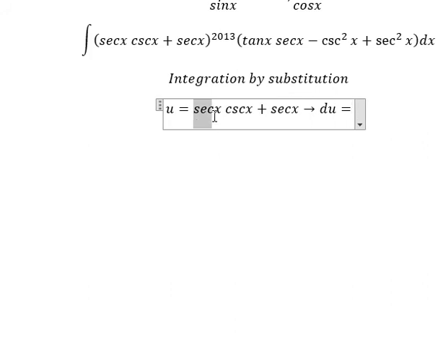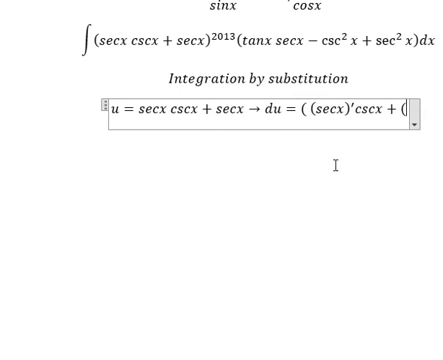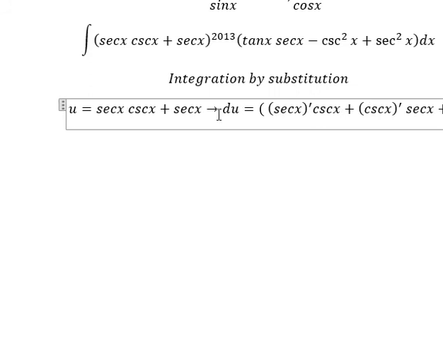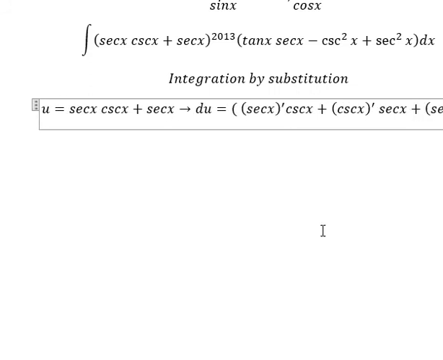So this one we do the first derivative of secant of x. This one we do the first derivative of secant of x.